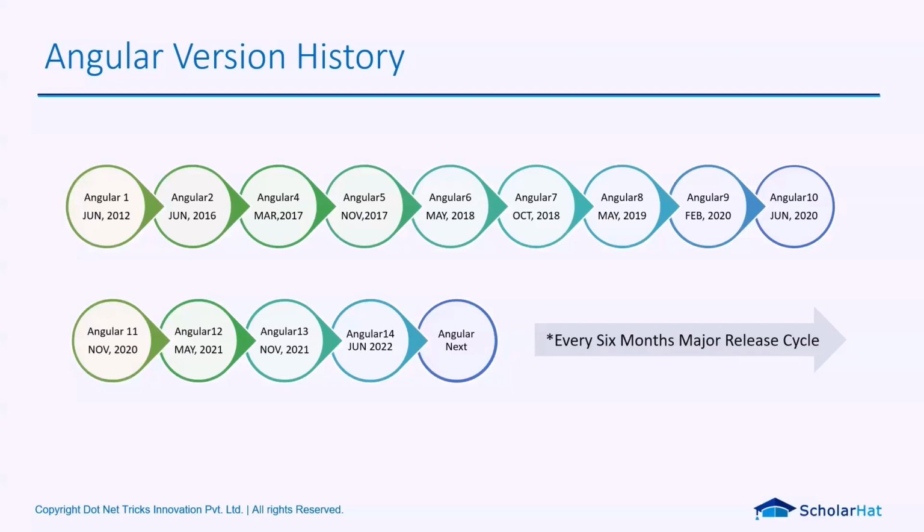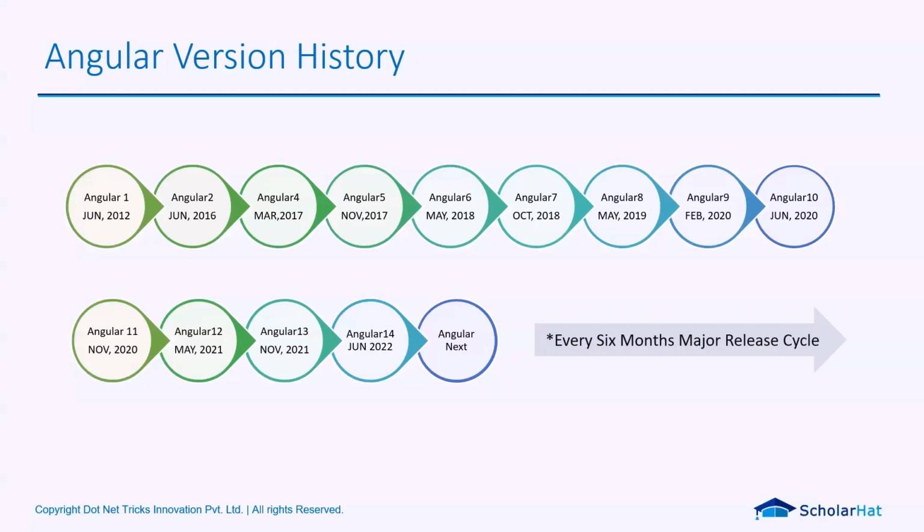But if you're looking at Angular 2 through Angular 14, the fundamental things are the same. Only some syntax differences and some feature differences you will find there. You will not find many changes at the fundamental level. Obviously, with each release, they make the framework more stable.